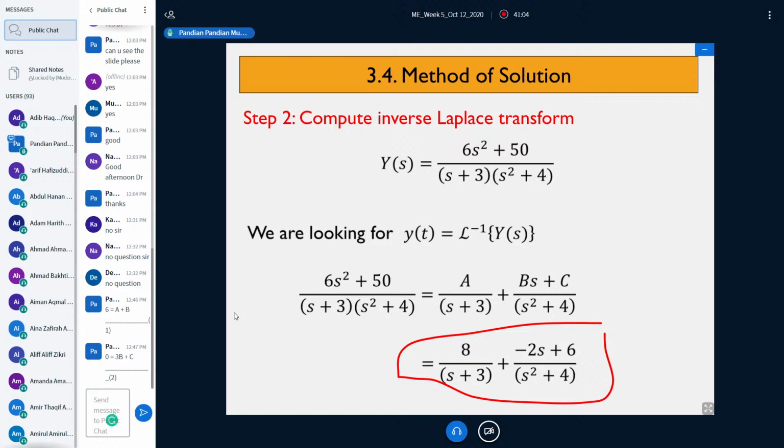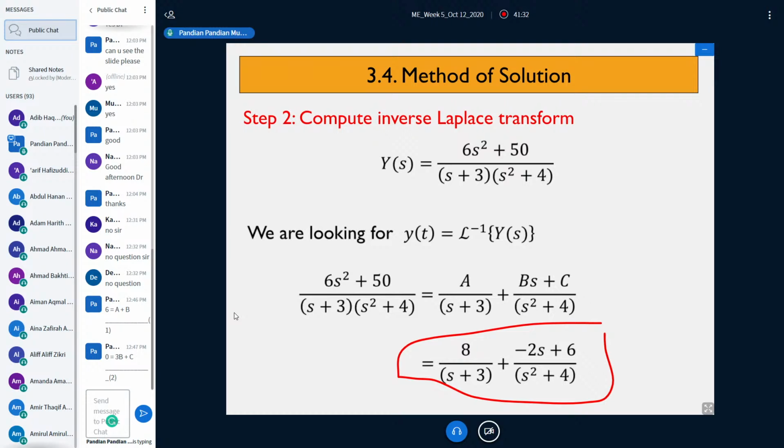You solve this. 0 equals 3B plus C. And then s to the power 0, that is 50. You can see that already. 50 equals 4A plus 3C. So this one, you solve these 3 equations.